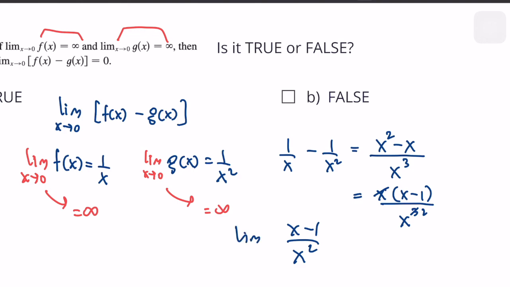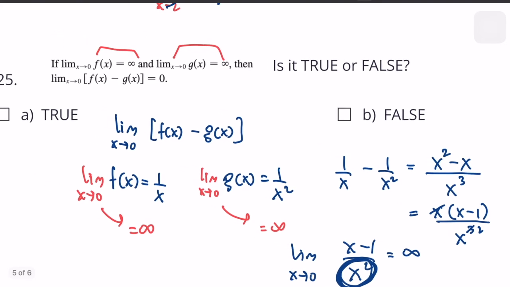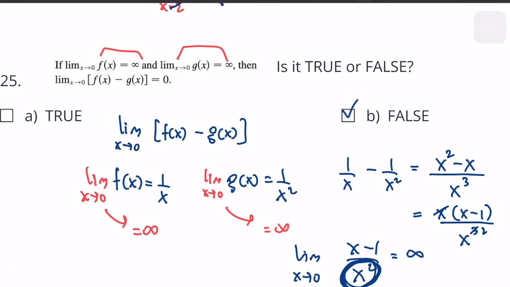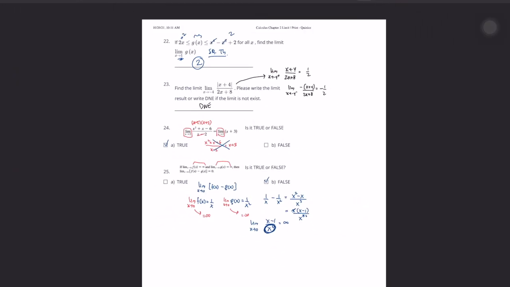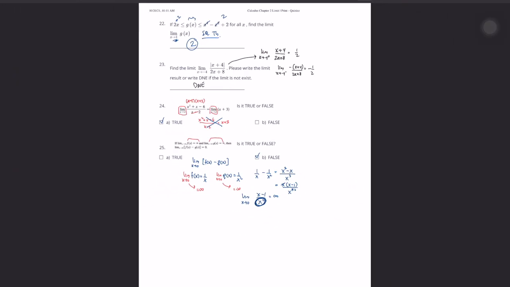And when we are dealing with this, what will happen? We know that this is bigger than x minus 1. So it should go to infinity also. So it's not true, right? So it should be false, and that's our quiz. Okay, I hope you get benefit from this video. See you soon in class.